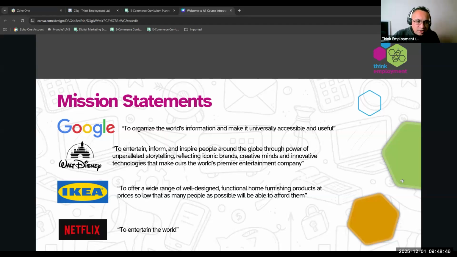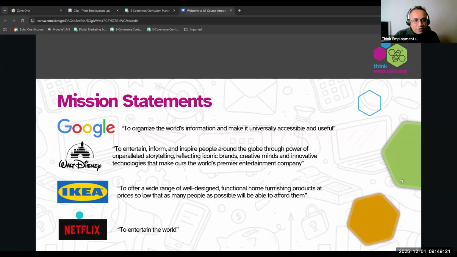Again, Walt Disney: to entertain, inform, and inspire people around the globe through the power of unparalleled storytelling, reflecting iconic brands, creative minds, and innovative technologies that make us the world's premier entertainment company. God, it's a long one, isn't it? I think that's a very long mission statement, but if it works for them, it works for them, right? And they've been around for a very long time. It's probably because their mission statement came about a very long time ago and they've just kept that going.